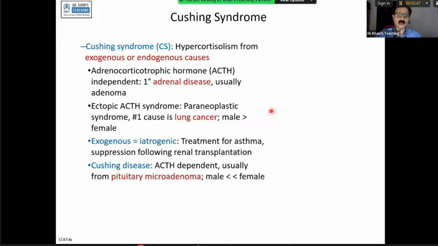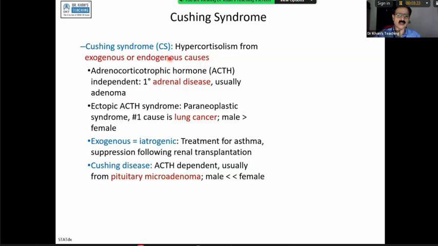Please also remember the concept behind Cushing's syndrome versus Cushing's disease. And from here, long cases can be asked. Remember that Cushing's disease is when there is adrenal disease, adrenal adenoma, because cortisol production is high.